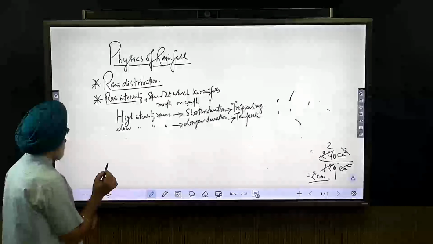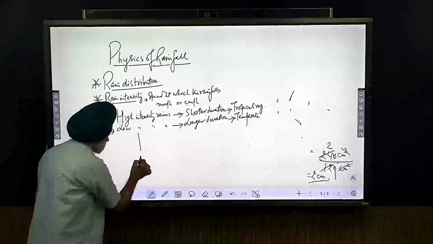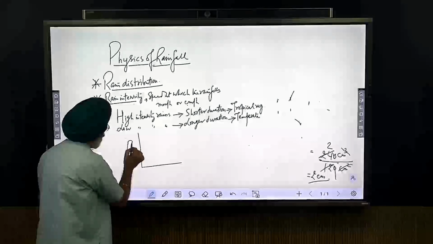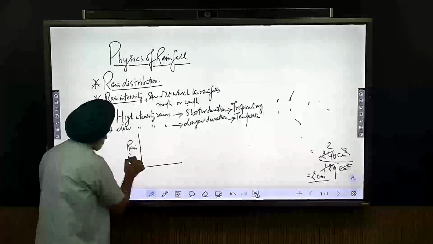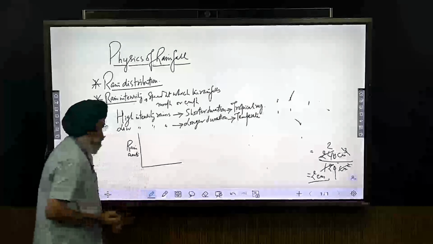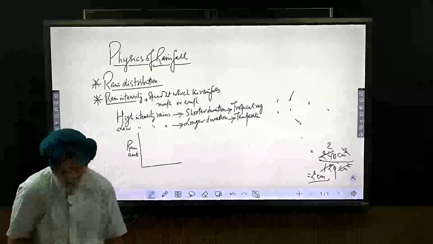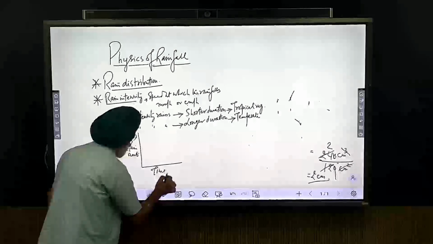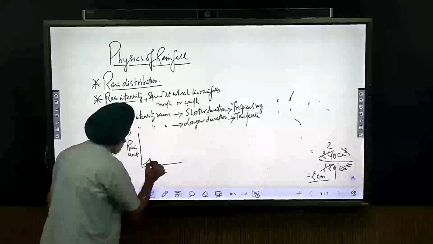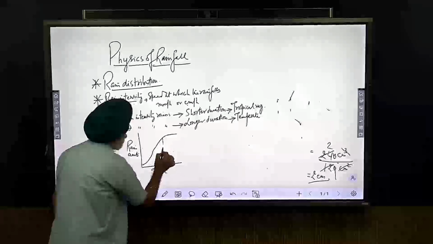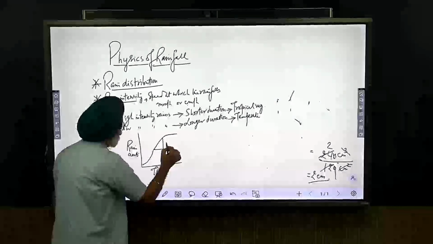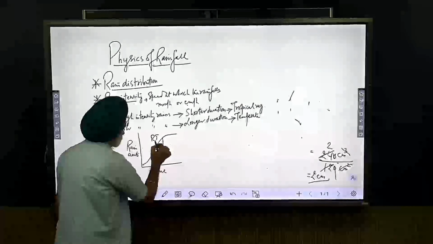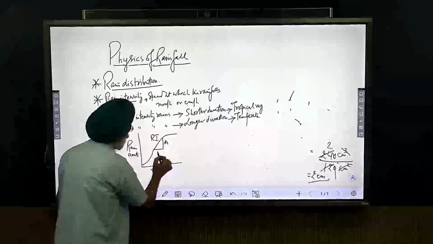So if I draw a curve of rain amount and time, if it's a cumulative curve, the slope is what we call rain intensity. So here it is amount of rain divided by time.